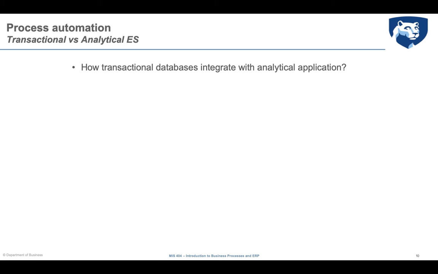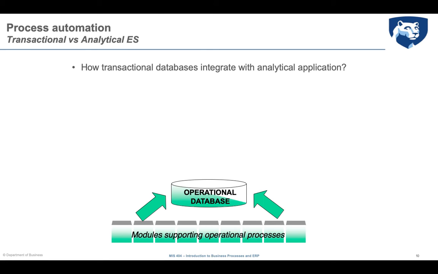Of course, transactional and analytical systems are integrated, and this chart shows exactly how. On one side, OLTP includes all the modules supporting operational processes, recording transaction activities and data and storing them in the database management system, which are the operational databases.